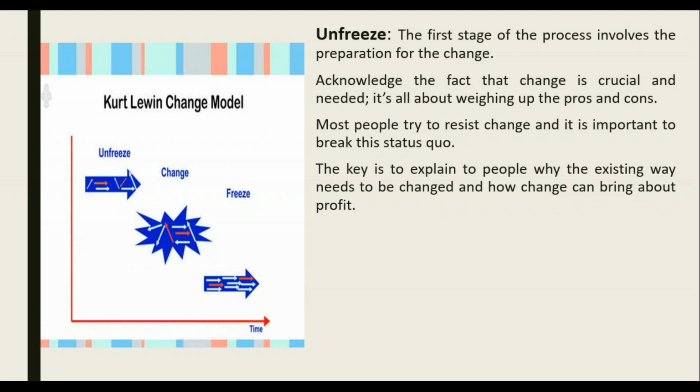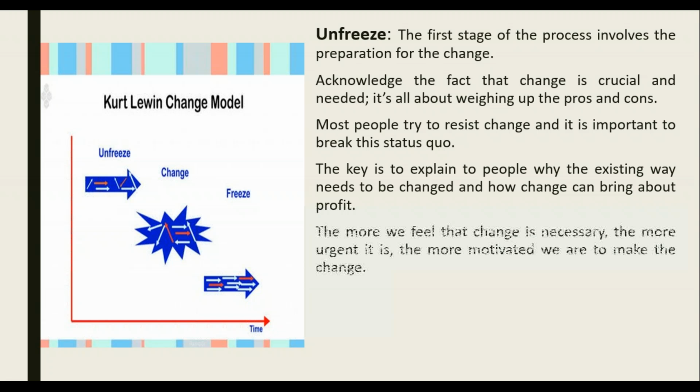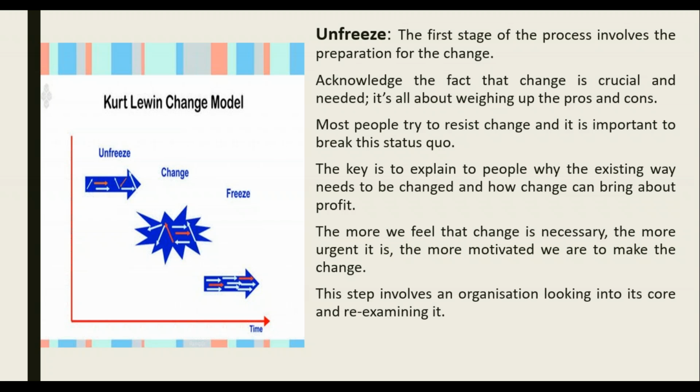This step involves an organisation looking into its core and re-examining it. Because the more we feel that change is necessary, the more urgent it is, the more motivated we will be to make the change. It also means analysing every step in human interaction for potential improvements, no matter how in-depth you have to go and how much you need to unearth.